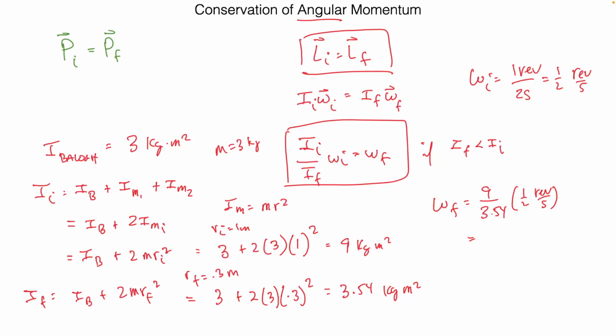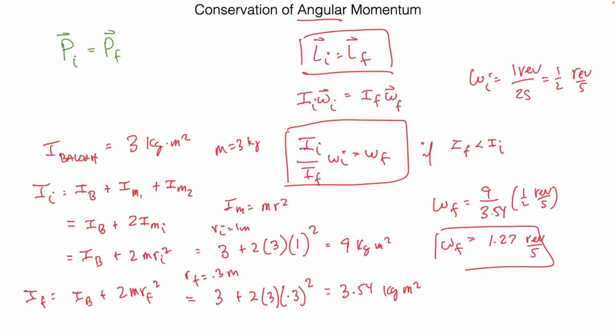Slower than I thought. 9, 4, and 2. I got 1.27 revolutions per second. So my final angular speed was bigger than my initial angular speed, as we predicted.